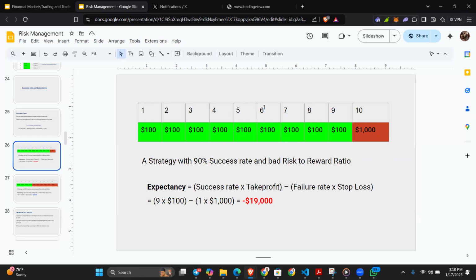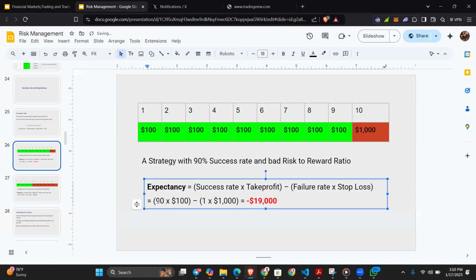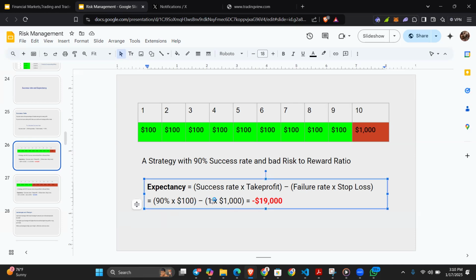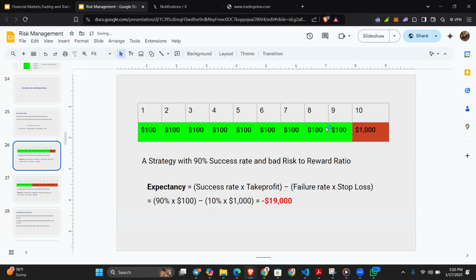Now for this trader, the success rate is 90%, right? So it is 90% times the take profit, minus the failure rate, which is 10%, because 90% plus 10% will give you 100%.